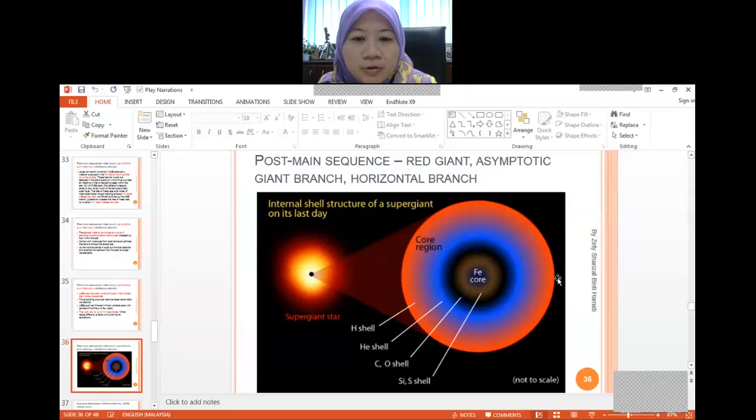So it's almost like layered shells. On the last day of the supergiant, we have the helium shell and also the hydrogen shell, before the supernova explodes. This is a schematic diagram, not to scale, but it just shows what kind of layers are inside the supergiant.